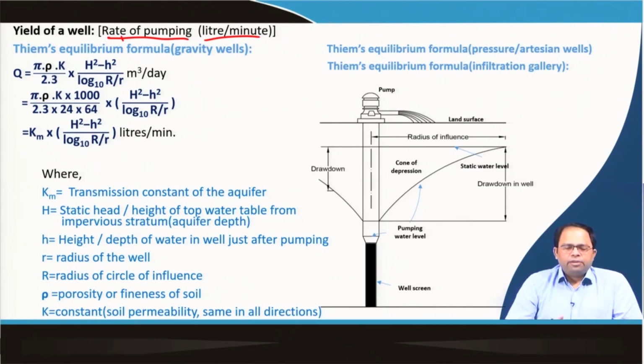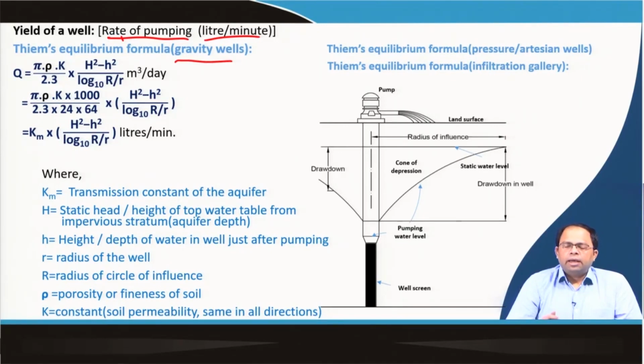To do that, we usually use Thiem's equilibrium formula, and this equilibrium formula is for different purposes. There are three variants of the formula. One is given for gravity wells, which are standard deep tubewells, where the water is not under pressure, so it is an open well, not a confined aquifer.